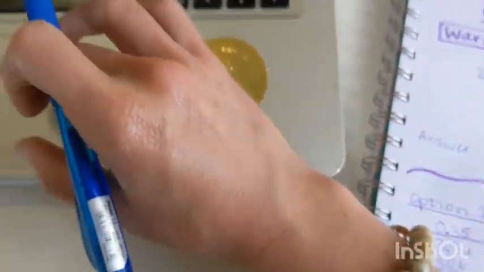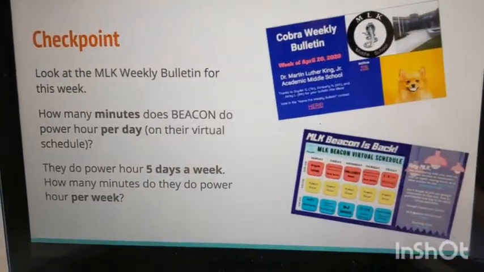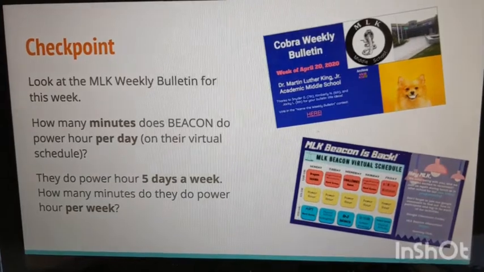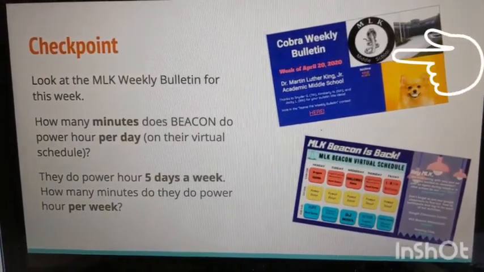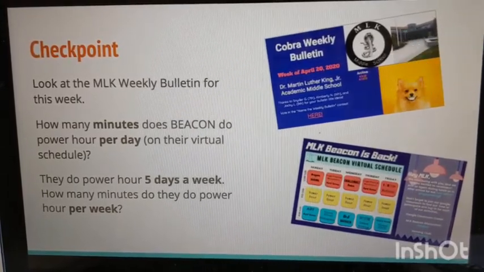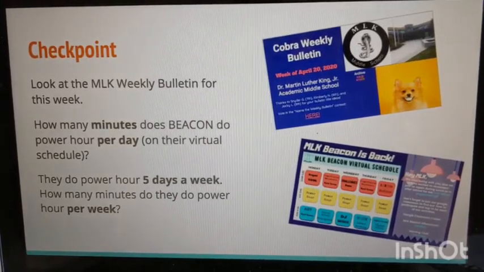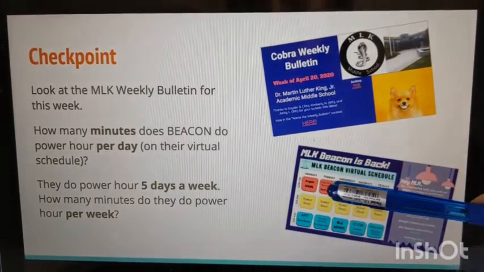All right, let's take a look at our checkpoint for this week. Our checkpoint for this week, I'm super excited about this because it includes the weekly bulletin. So if you haven't had a chance to look at the weekly bulletin yet, it should be in your email from Mr. Fector. So look at the weekly bulletin and then find the slide that's talking about Beacon.